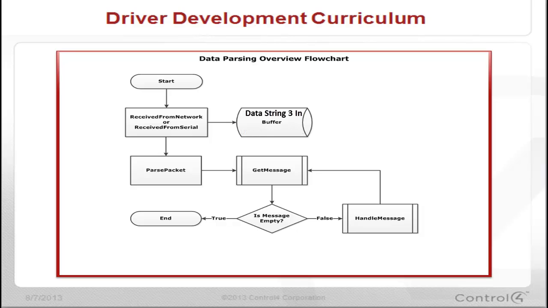The first data string to enter the buffer will be parsed first and then removed, followed by the second, and so on. For example, consider a receiver that uses ASCII for its communication purposes. Simply knowing that the device uses ASCII is only one part of successfully configuring getMessage. The way the ASCII messages are formatted must also be considered.